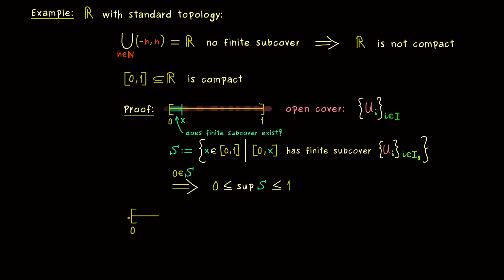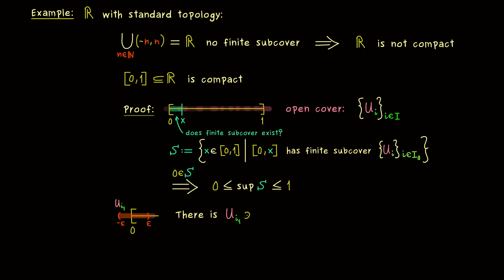And for example, we can just look at the point 0, and we know it lies in an open set. Let's simply say this is the set U_i1 from our covering. And since it's an open set in the standard topology, we know that every point inside has an epsilon ball around it. Hence, for our point 0 here, we could say that from -epsilon to +epsilon, we have a subset in U_i1.